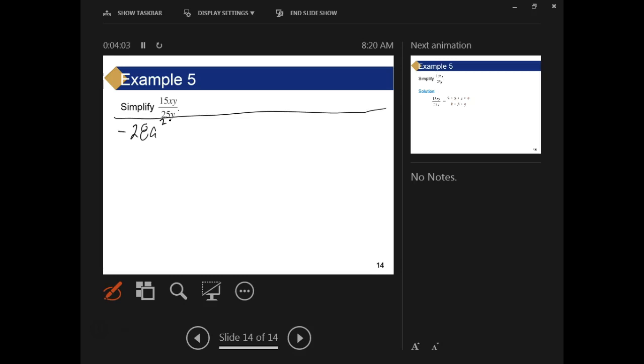Minus 28a squared b squared divided by negative 63a squared b cubed. Now, in problems like this, it's important to read the directions, what it says to do. This is page 186, chapter 4, section 4.1, example 7, bottom of the page.